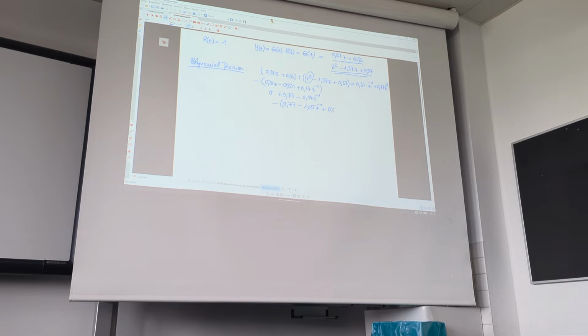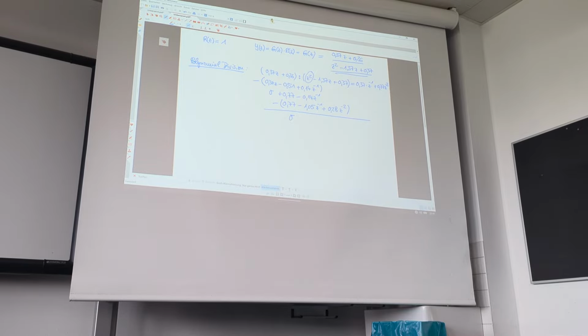Point 0.28 times z to the power of minus 2. Okay. After subtraction, we get again a 0 here. And then we have 1.05 minus 0.14.